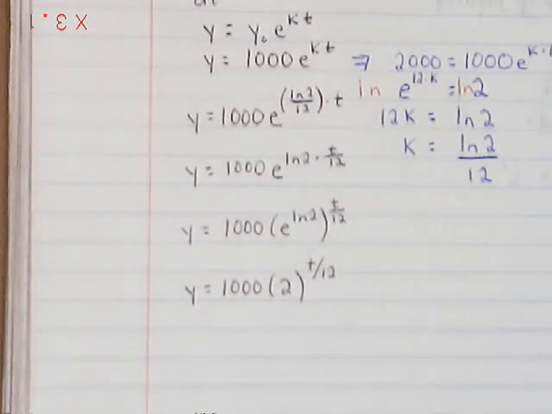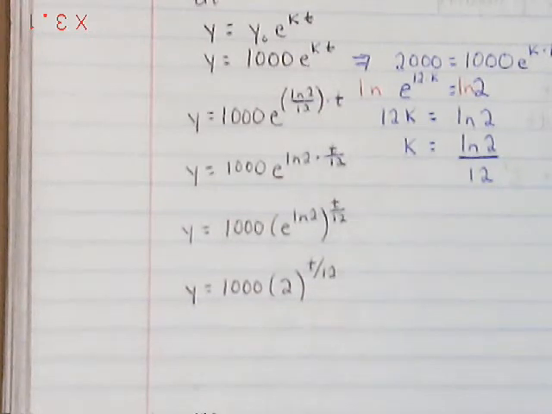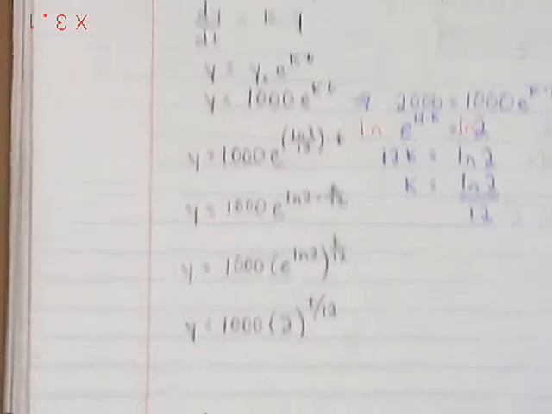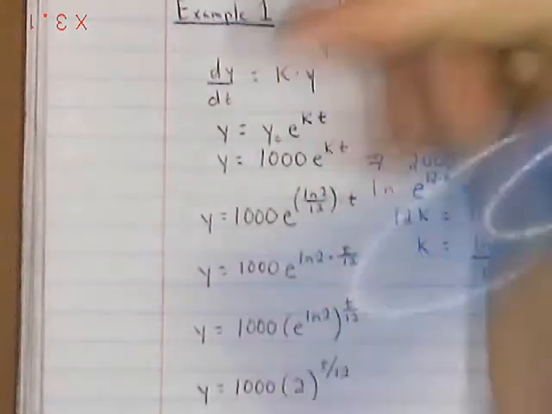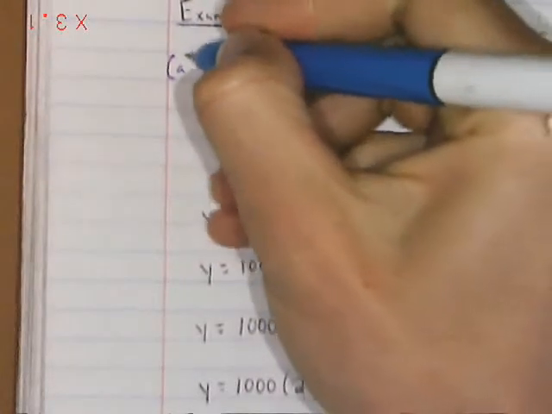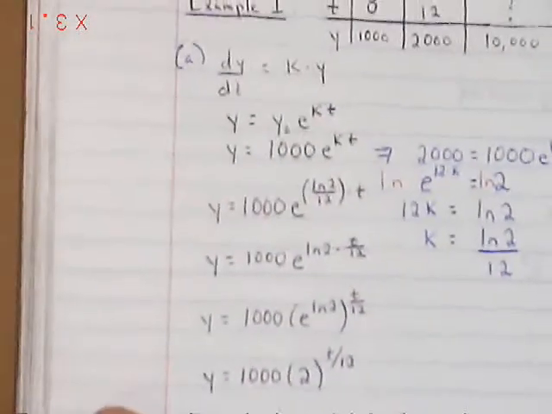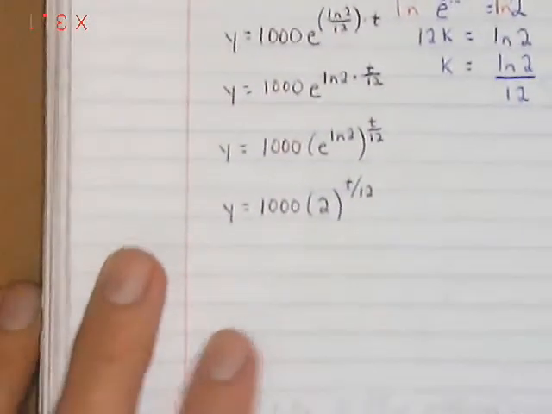And so now, when they ask us something like, when will we have 10,000, we can handle that. So that was all part A. We're going to skip part B, just go straight to the analytical.